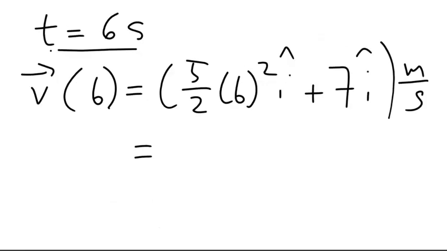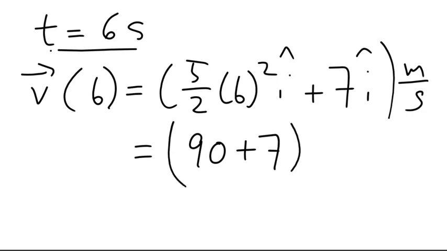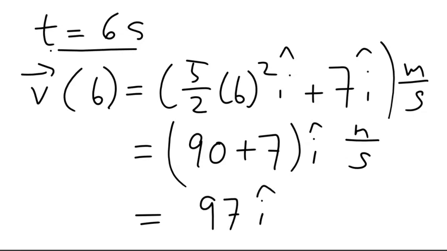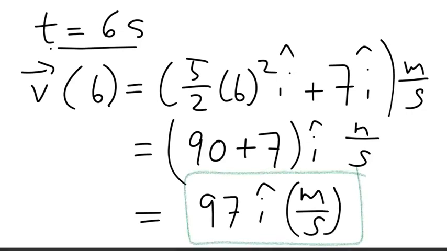At t equals 6 seconds, substituting t equals 6 in the expression just derived, we get 90 plus 7 i hat meters per second. So the complete velocity is 97 i hat in meters per second. So that solves this problem.